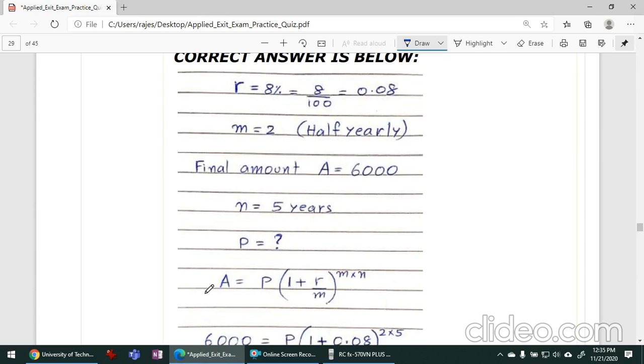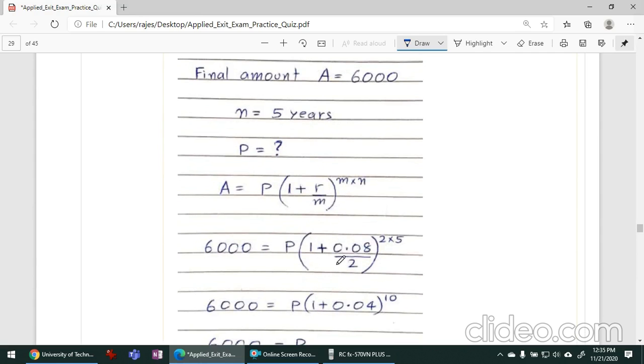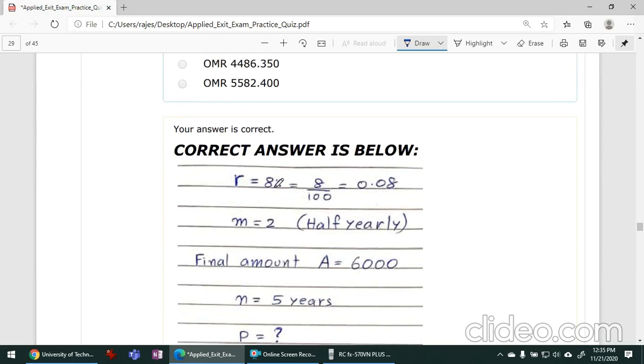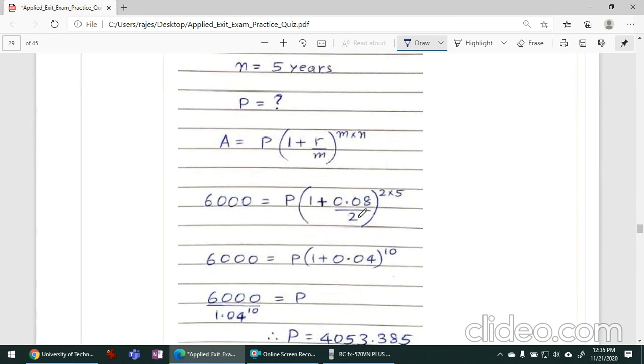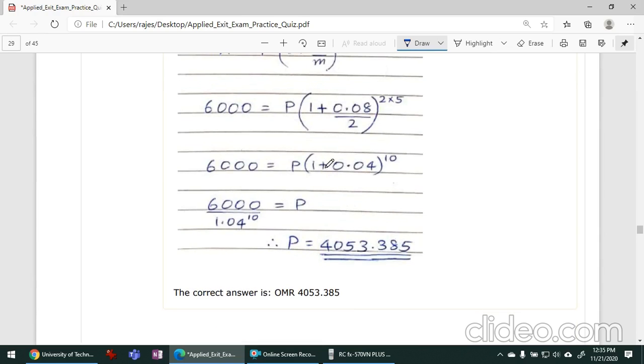So the rule is A equal to P into (1 plus R by M) power M into N. So put the values. What is A? 6000. P I should find. 1 plus what is R? 0.08, because R is 8 by 100, 0.08, divided by M, which is 2, half yearly, power M into N. M is 2, N is 5, so 2 into 5 is 10. 1 plus 0.04 is 1.04 power 10.